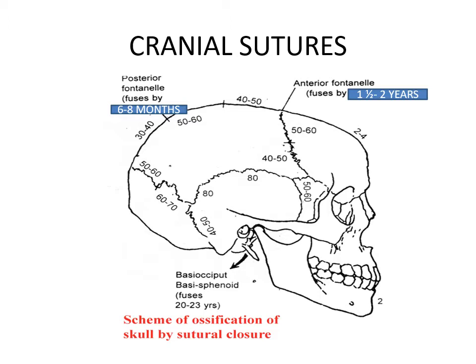The anterior fontanelle, as I've told you, closes between 1.5 to 2 years, and the posterior closes by 6 to 8 months. The rest of the sutures will be closing as you go down the skull. If the sutures are closed, the age is more. In the center or at the vault, the sutures fuse a little bit earlier.